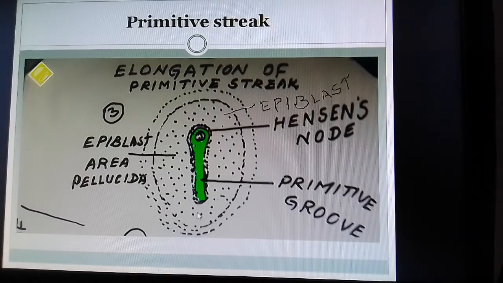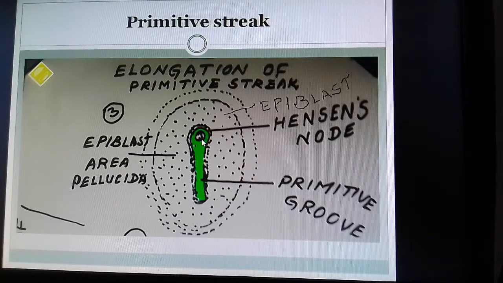So that way the primary thickening of the epiblast cells as the primitive streak, the initial point of primitive streak, will be elongating this way, forming a groove, primitive groove, and the anterior part of the primitive groove has a swelling called Hensen's node.